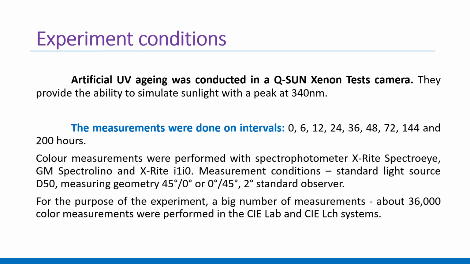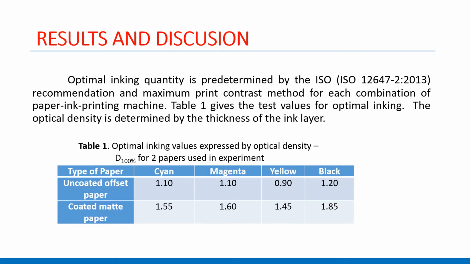We have made spectrophotometrical measurements and densitometrical measurements, so with different devices, of course. Some of the color measurements were made by hand, the others were made automatically with X-Rite i1 iO, and we have collected enormous data from color measurements.